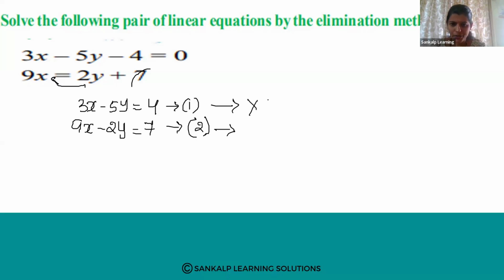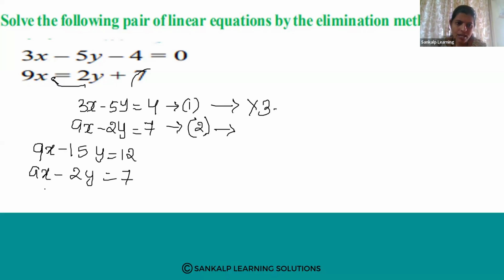If I multiply this equation with 3, what I will get? 3 3s are 9, 9x minus 5 into 3 is 15y is equal to 4 into 3 is 12. 9x minus 2y is equal to 7. Change the signs.